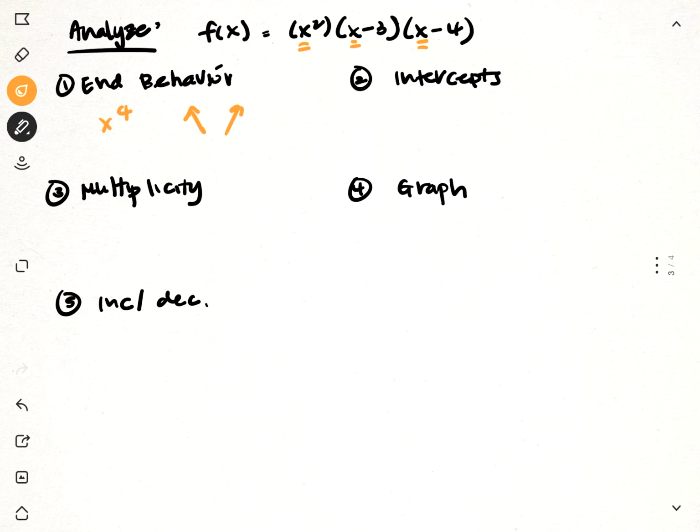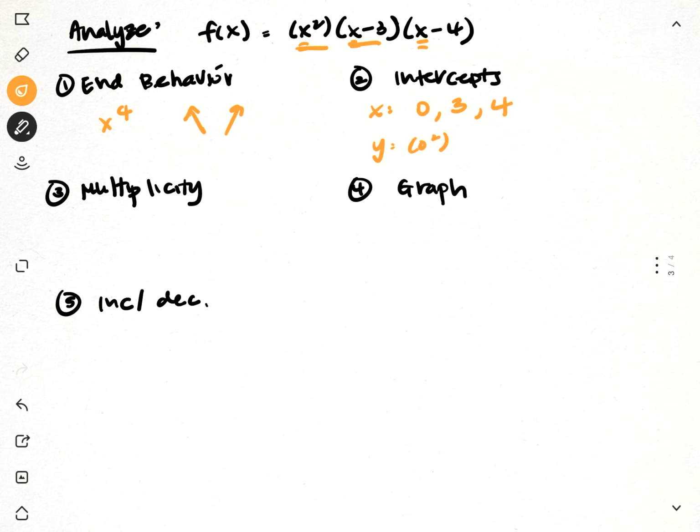Our intercepts, be careful here. Anytime you have an x or an x squared by itself, that's going to be 0, right? So 0. And then we're looking at the next one. What minus 3 is 0? That would be 3. And then x minus 4, that would be 4. Our y-intercept is f of 0.